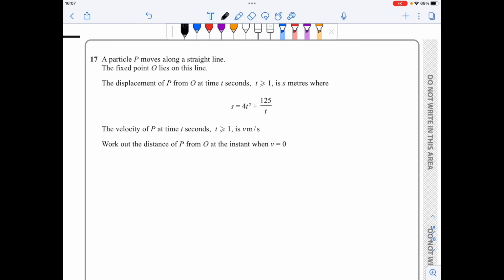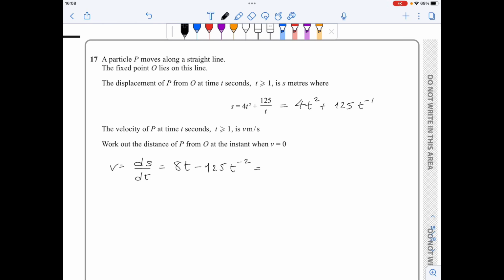For question 17, I'll start by writing S in the form 4t squared plus 125 t to the minus 1. And then to find the velocity, I will differentiate S by t, which will give me 8t minus 125 t to the minus 2.